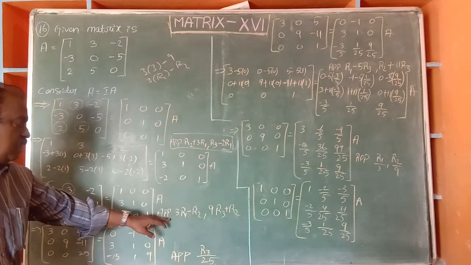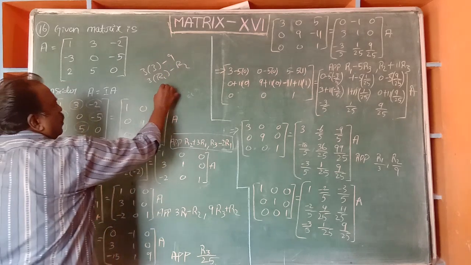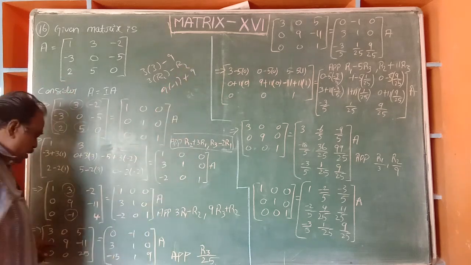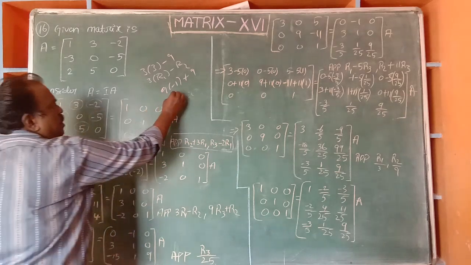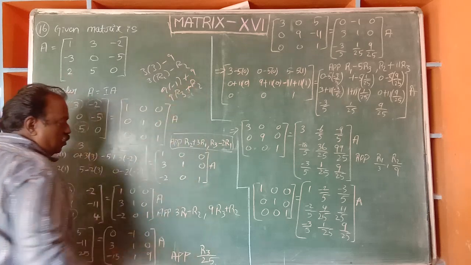We are applying this elementary operation. Here also, minus 1 is there. It is 9 into minus 1 plus 9. Will you agree? 9 into minus 1 means it is 9 R3 plus R2.